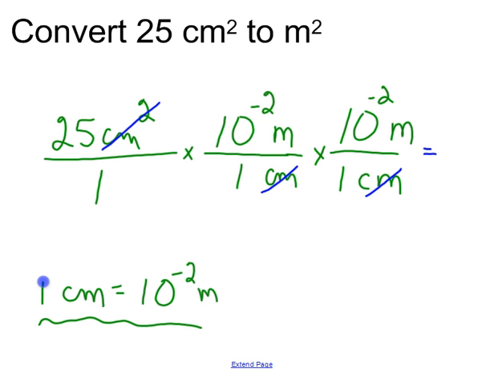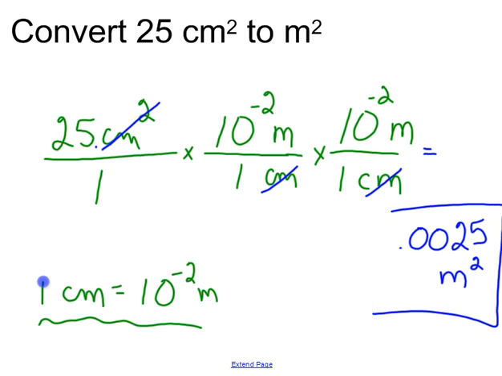Do the math, and we have, oh boy, 0.00, let's see if I've got this right, 25 meters squared. Is that right? Let's double check. That'd be 10 to the minus 4. And if I'm doing this math in my head, I'm going to end up moving 1, 2, 3, 4. Yep, check. Final answer. If we were going cubed, yes, you guessed it, there'd be one more step.